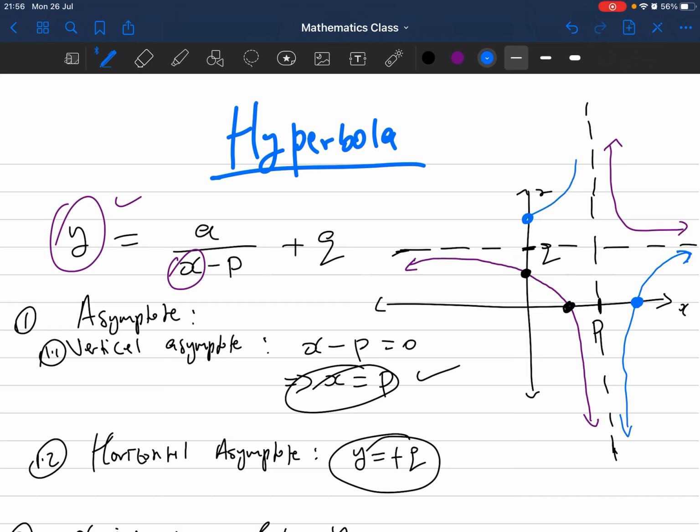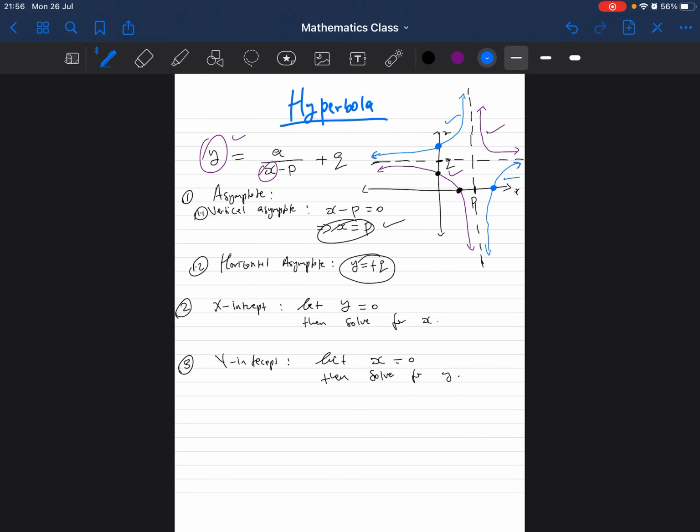See, it approaches your asymptote, passes through your y-intercept, and approaches asymptote. Okay, so if you write it this way, don't forget to write this one. If you write it this way, obviously you're gonna get that one. So that's basically a note of a hyperbola.